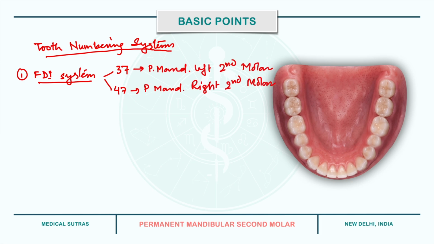So in this picture, the mandibular second molar on the left side will be denoted by the digits 3-7 and the mandibular second molar on the right side will be denoted by the digits 4-7.